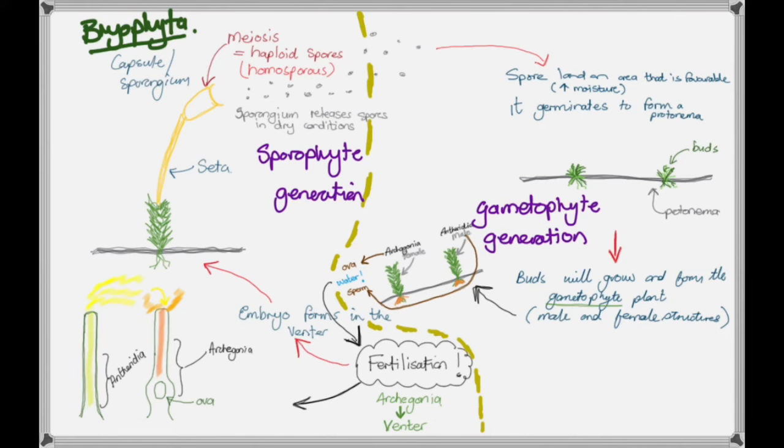The archegonia actually helps the process by releasing what we call a spermatozoid attractant. So it's like an attractive force to the sperm so that the sperm knows exactly where it's going. And then once the sperm has moved down the archegonia to the ova, fertilization is going to take place.